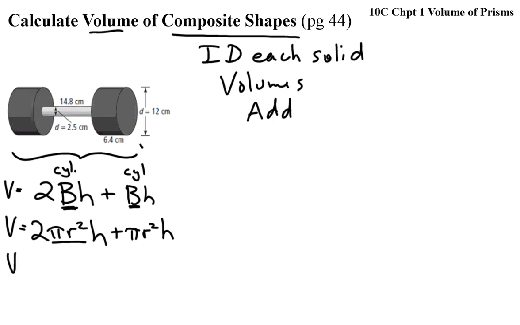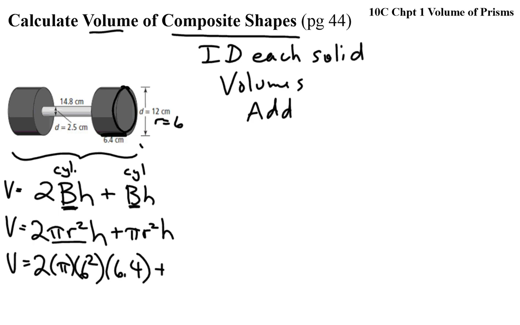So now we can substitute in 2 of these times pi. Now the radius of the big cylinders on the end, diameter is 12, so radius is 6 squared. And the height, distance from base to base, is 6.4. Plus the middle cylinder, which is the pi r squared circle times height. Diameter is 2.5, so radius is 1.25.